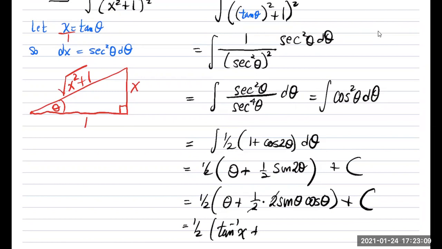Cancel the 2's. The sine of theta is the opposite over the hypotenuse. The cosine of theta is the adjacent over the hypotenuse. Pretty clever, huh?